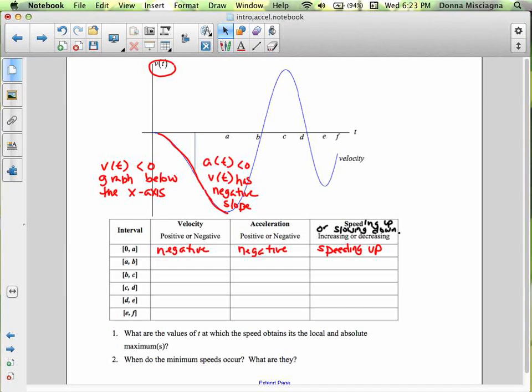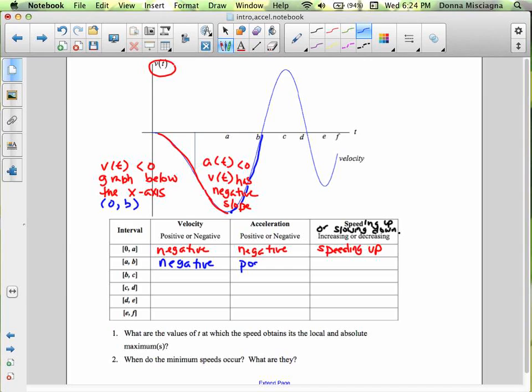All right, let's look at the next one from A to B. That's this section here. I'll color code this. So velocity, still negative, right? So the graph is below the x-axis, and that's from 0 to B. Acceleration, however, now is positive.